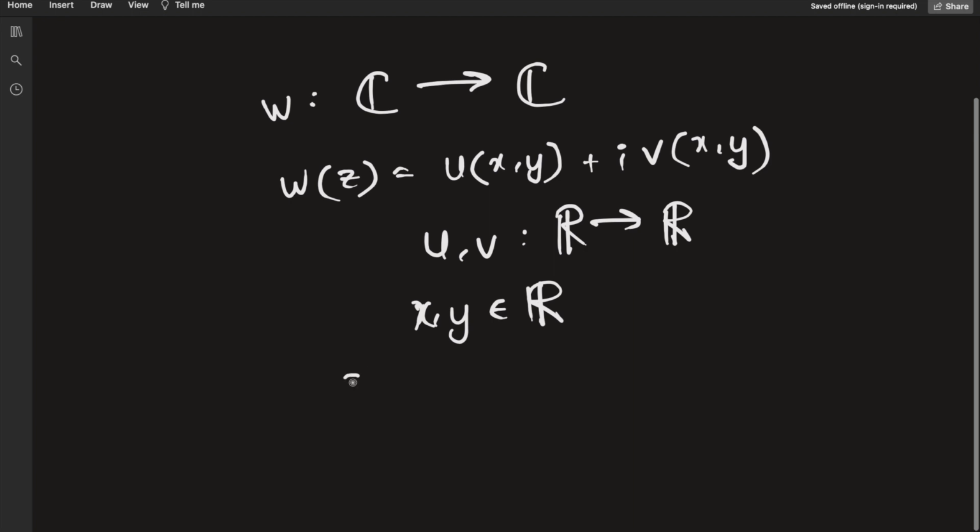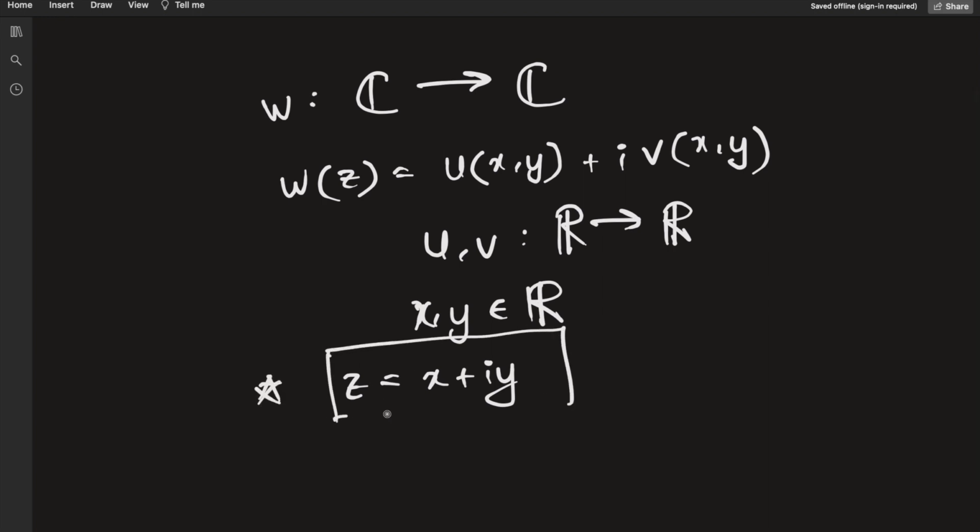It's also worth noting that z is equal to x plus iy. That's the general representation of a complex number.